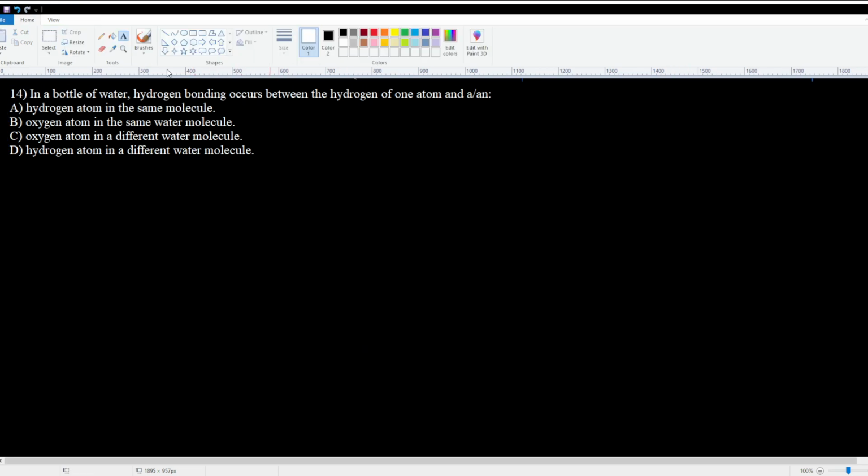So if we have hydrogen bonding, right, since these both have partial positive charges, these are going to repel each other. So that's out of the question. So we're not talking about D, hydrogen in a different water molecule.